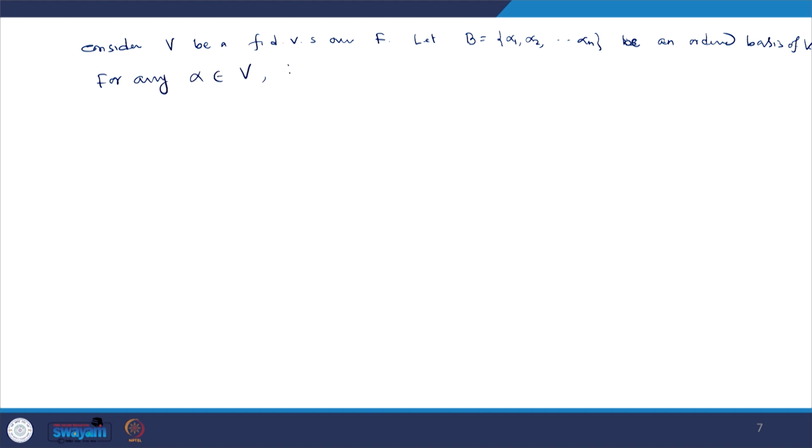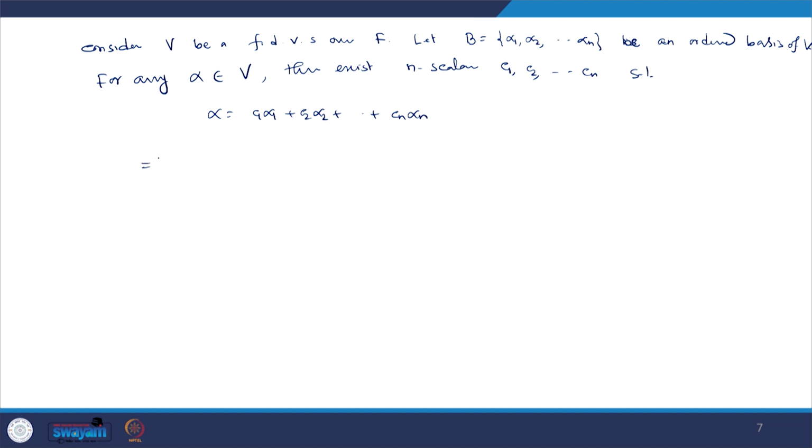Consider V a finite dimensional vector space over F. Let B equal to alpha_1, alpha_2, ..., alpha_n be an ordered basis of V. Now, for any alpha belonging to V, there exist n scalars c_1, c_2, ..., c_n such that alpha equals c_1 alpha_1 plus c_2 alpha_2 plus ... plus c_n alpha_n.